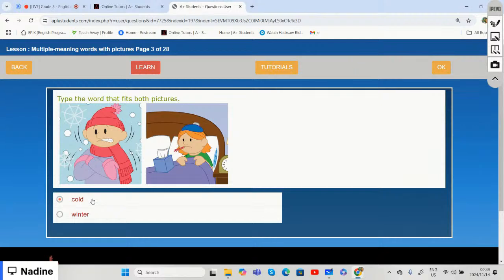The first picture shows where the boy is freezing because it's getting cold. And then the second one is where the girl has a cold. She's got a cold. So we said it is cold.